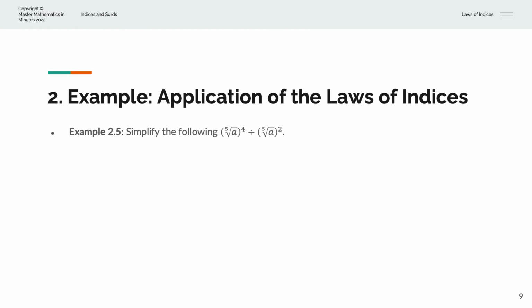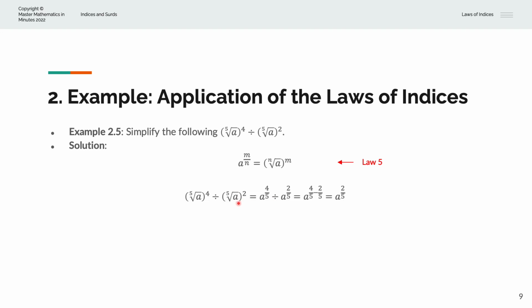So the fifth example is where we're asked to simplify the fifth root of a to the power of 4 divided by the fifth root of a to the power of 2. So we'll apply law number 5. So the fifth root of a to the power of 4 can be rewritten as a to the power of 4 divided by 5.